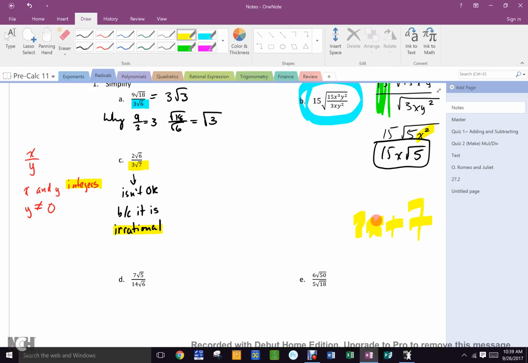So what if it was 2x minus 7? What would I do? I would add 7. What if I had this? 2x equaled 14. What would I do? Divide by 2. Because that says multiply, right?